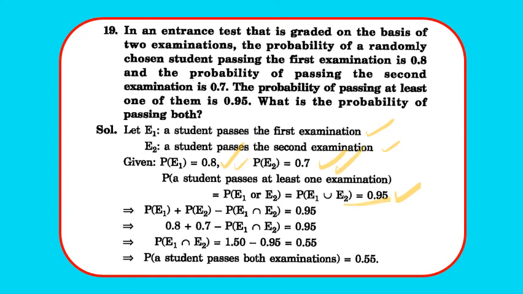So using the property P(E1) plus P(E2) minus P(E1 intersection E2) equals P(E1 union E2), we get 0.8 plus 0.7 minus P(E1 intersection E2) equals 0.95. And solving this, we get the value of P(E1 intersection E2) as 0.55, which is the required probability that the student passes both the exams. Clear? So pause and note down the solution.